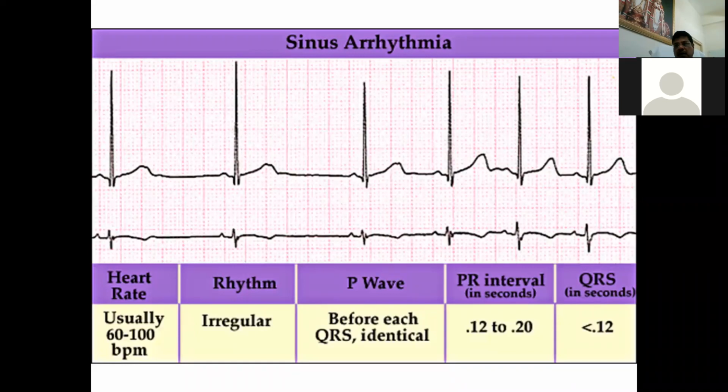Atrial walls are going to stretch, and in the wall of the atria we have a number of stretch receptors. One such stretch receptor is the so-called tachycardia producing receptors. They will send impulses again to the medulla oblongata, which will stimulate the vasomotor center and inhibit the cardio-inhibitory center. Net result is that the heart rate is going to increase during inspiration.